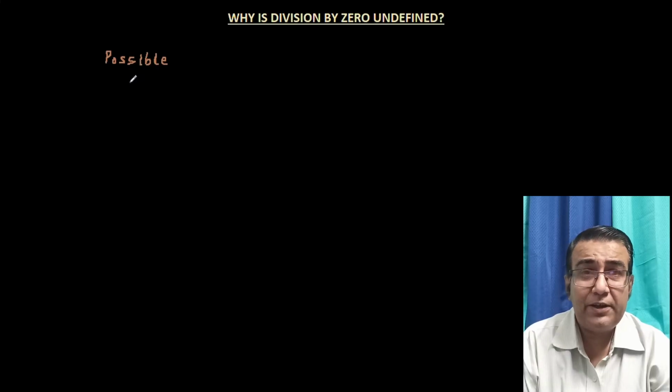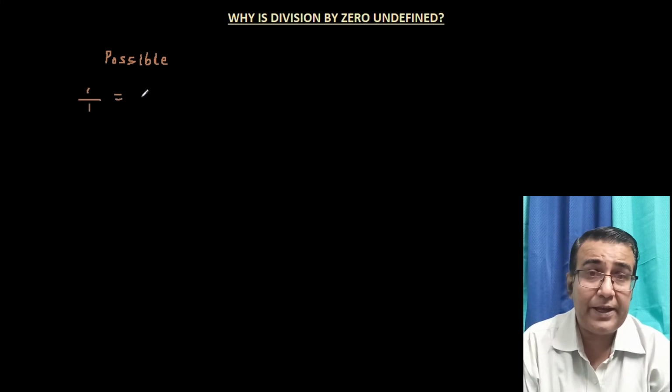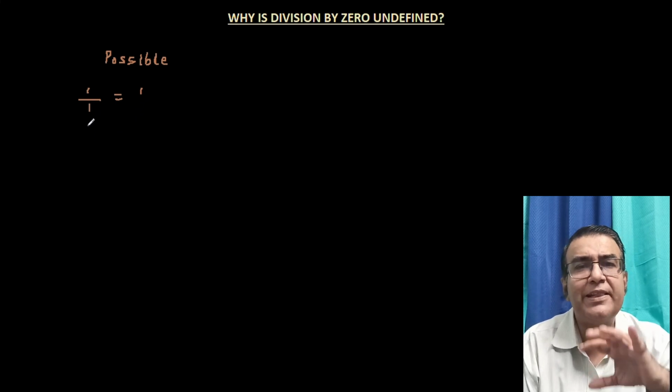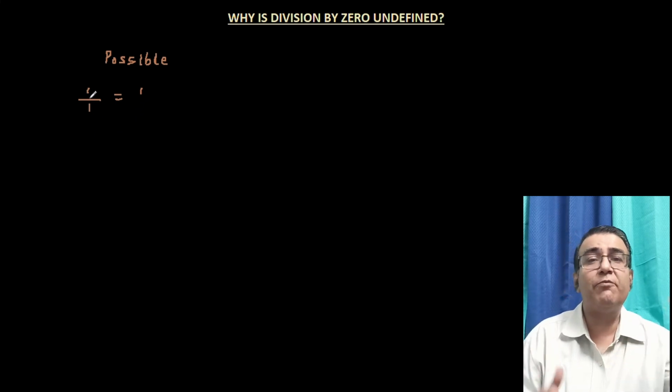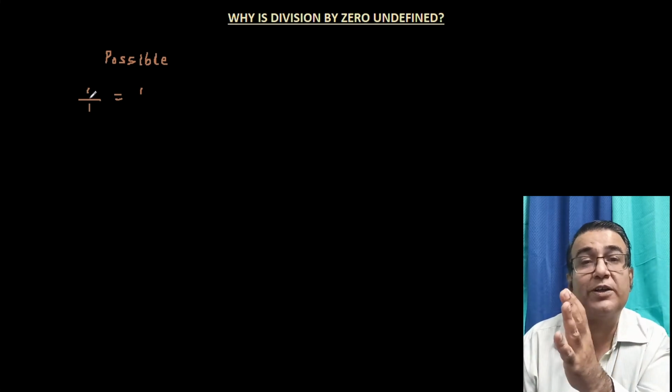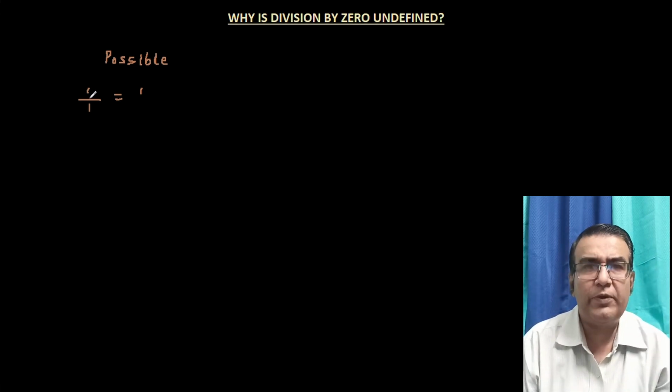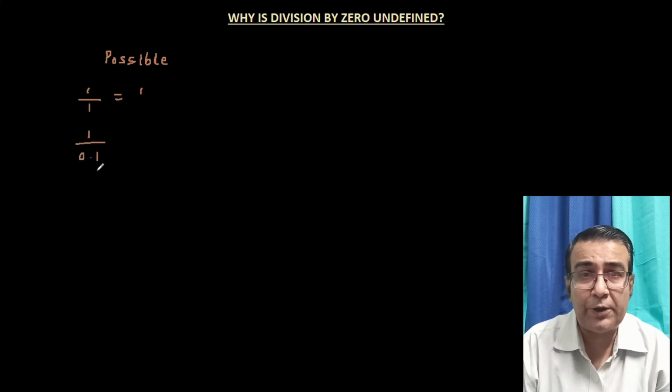Well, we know that division by 0 is not possible. But what if I take the number 1 and divide it by 1? Well, I get 1. So division by 0 is not possible, but what if I make this number smaller and from 1 I go towards 0? What will happen then? So I can take a smaller number, so I take 1 and divide it by 0.1.